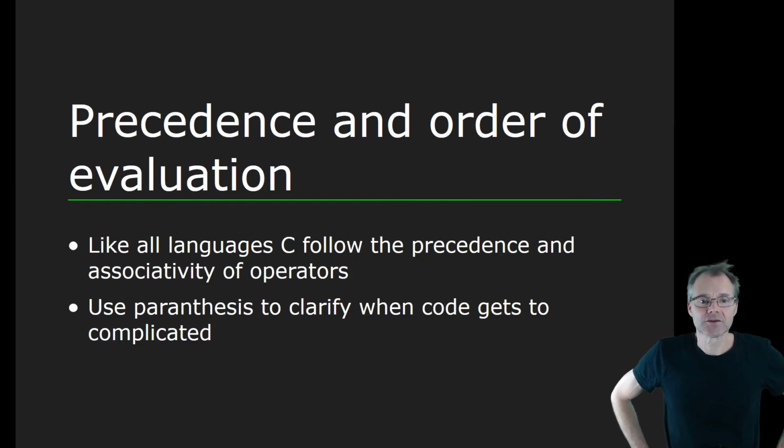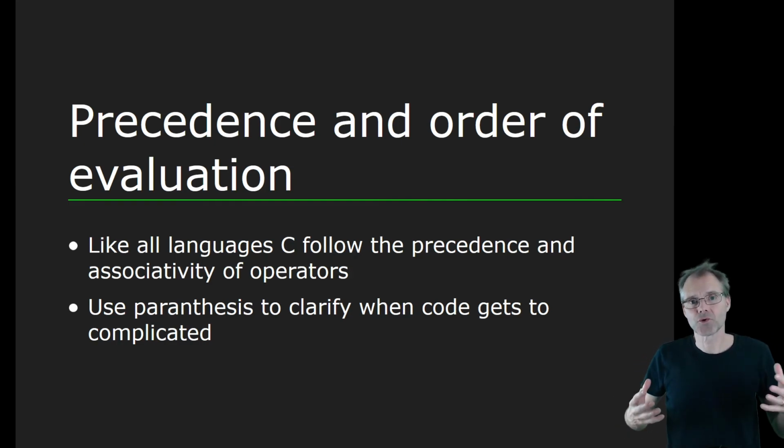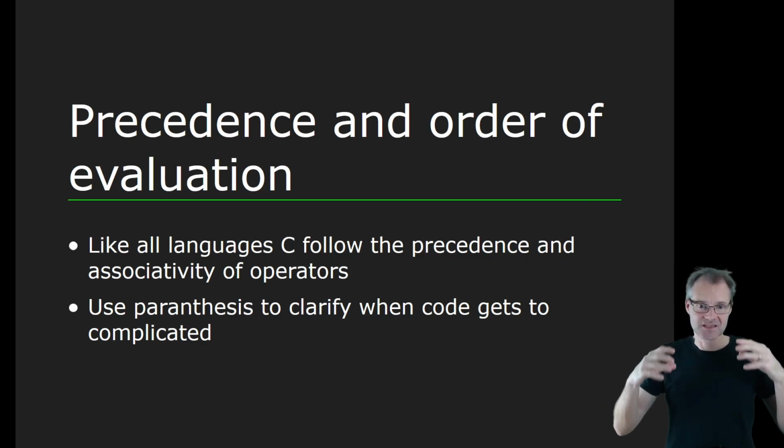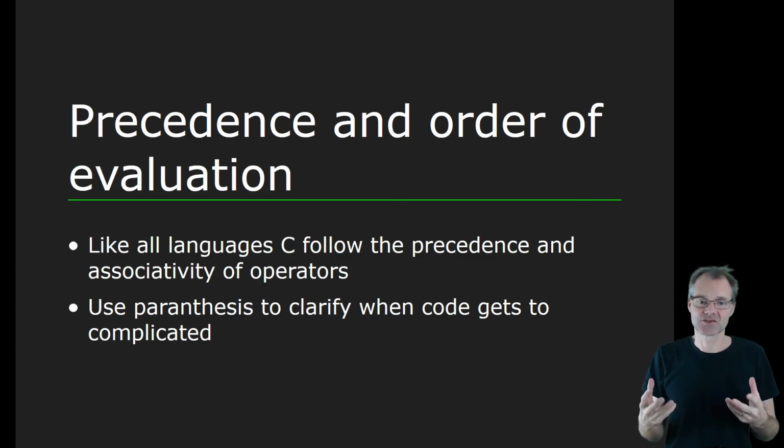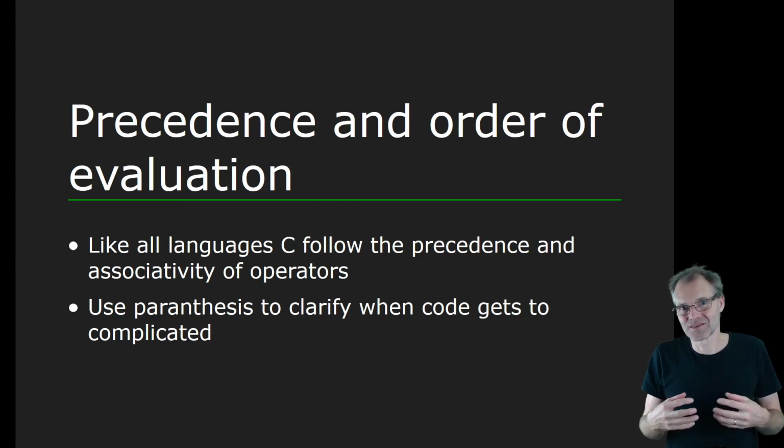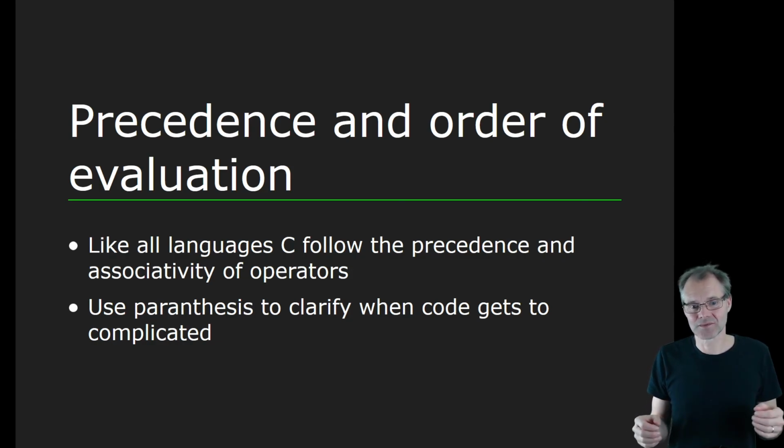Just a quick note about precedence and order of evaluation. The C programming language follows the same precedence and associativity of operators as other programming languages, and this is also the main mathematical rules we have. You should use parentheses to clarify when you are uncertain.